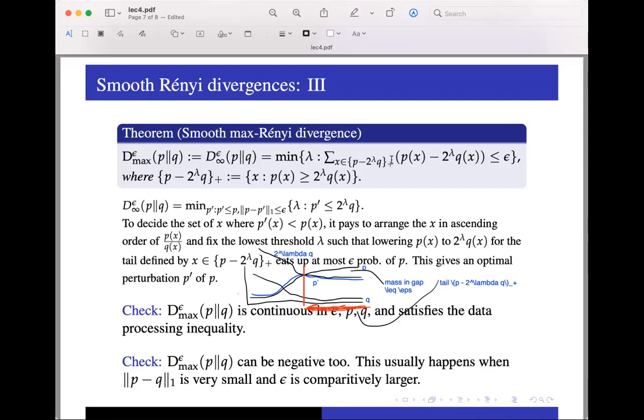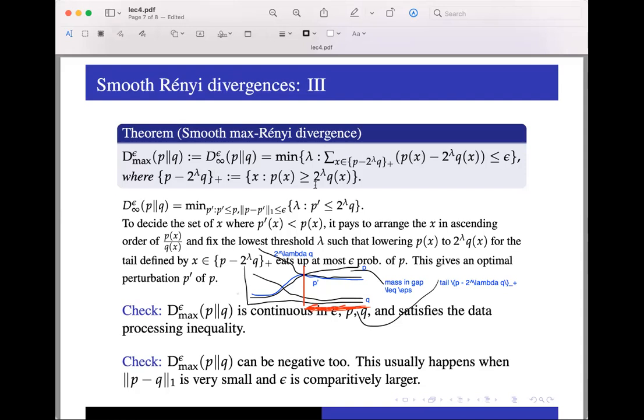Now we can understand this characterization. d infinity epsilon of P with respect to Q is defined as the minimum over all thresholds lambda satisfying this property. Let us say we fix a threshold lambda.